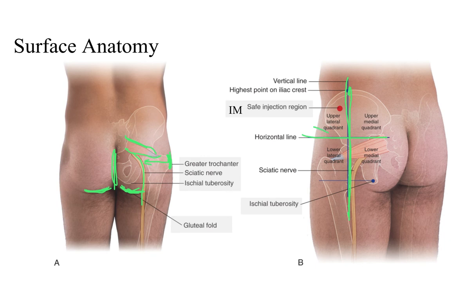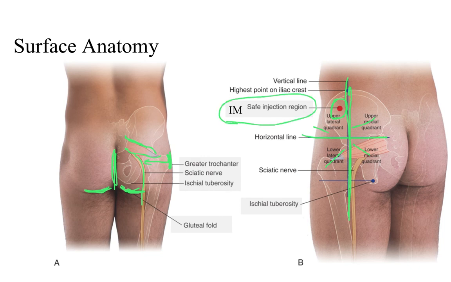So you have your upper lateral, upper medial, lower lateral, lower medial. And the reason I mention this is that this spot right here in the upper lateral quadrant is a safe injection site for IM injections.